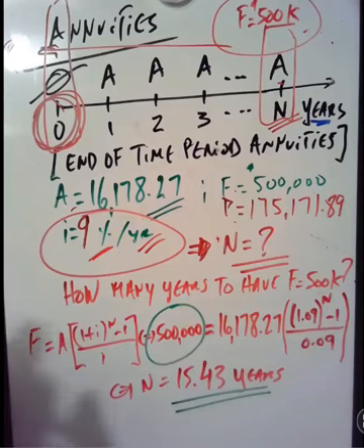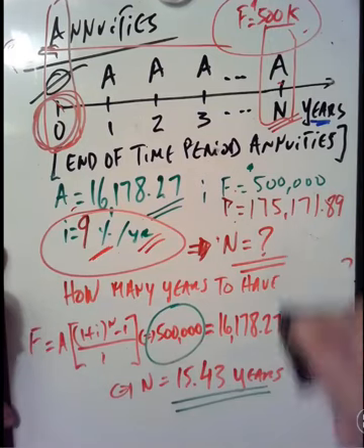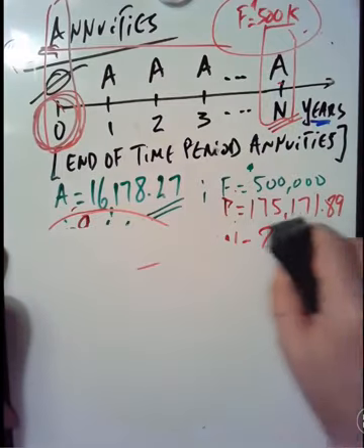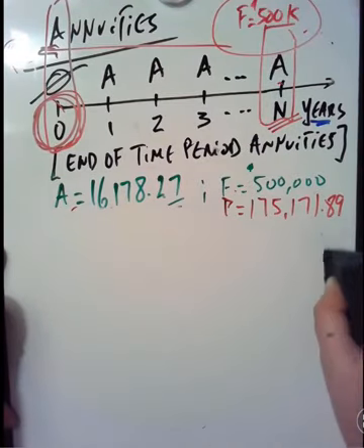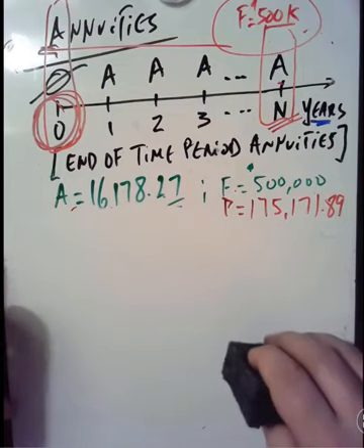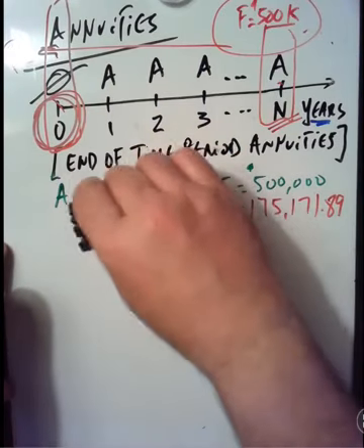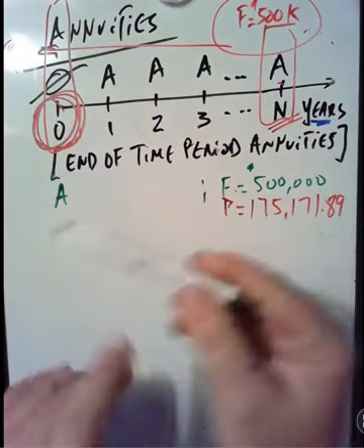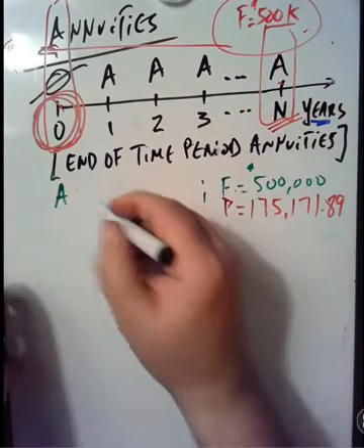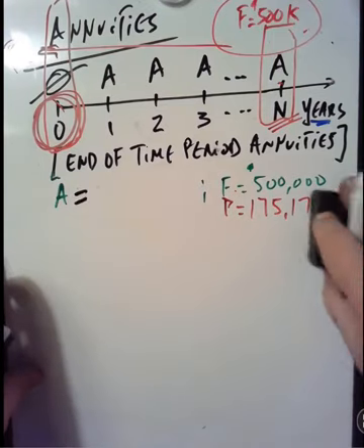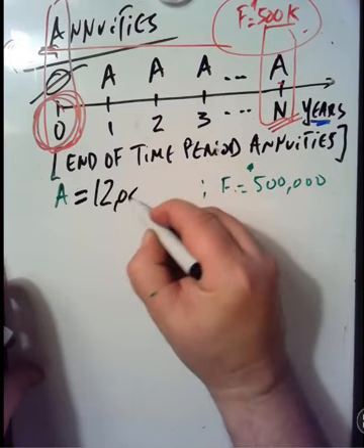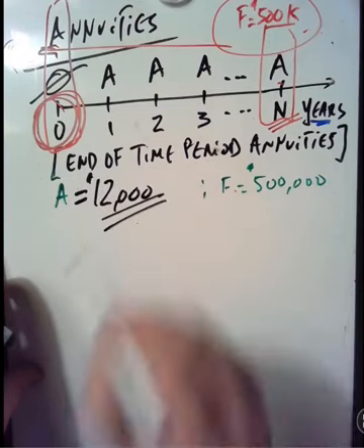Now let's do a question to solve for the interest rate. Let's say I don't have $16,000 per year. Let's say that the most I can deposit is $12,000 per year.